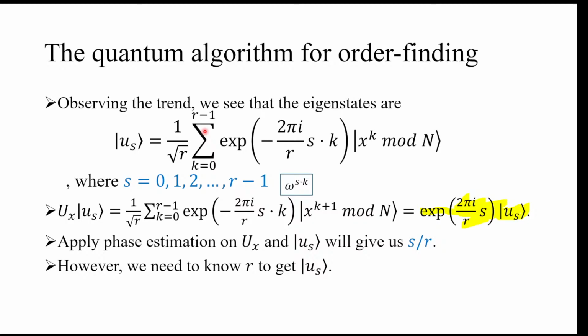So this big exponential is omega to the sk, and you can check this with more algebra, and you see that indeed you apply Ux on this us, you get omega to the s as eigenvalue. Now we see those eigenvectors and eigenvalues. If we do phase estimation on this eigenvector, we should get this eigenvalue s over r.